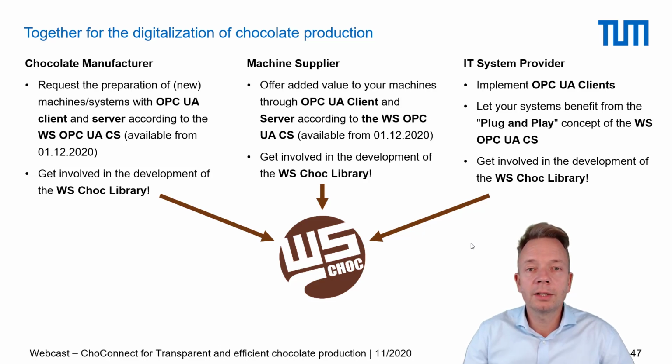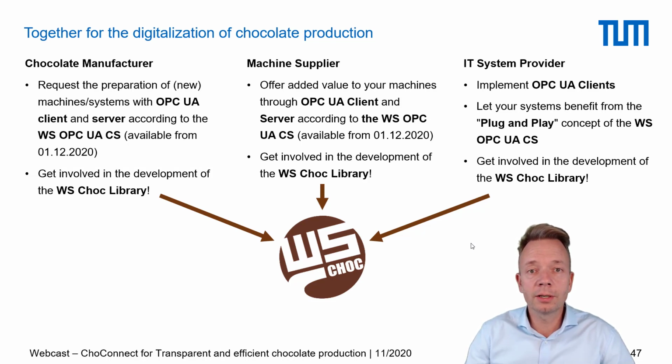If you are a machine supplier, all the mentioned machine suppliers that work together in the ChoConnect project so far are open to work together with other machine suppliers, so join our group and offer your machines with added value through an OPC UA client and server according to the WS OPC UA companion specification.